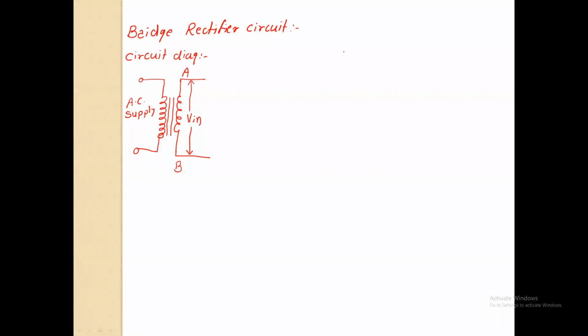Now if I want to draw the waveform for the input voltage for the rectifier circuit at the secondary side of the transformer, this input waveform is measured between the points A and B, which is at the secondary side.